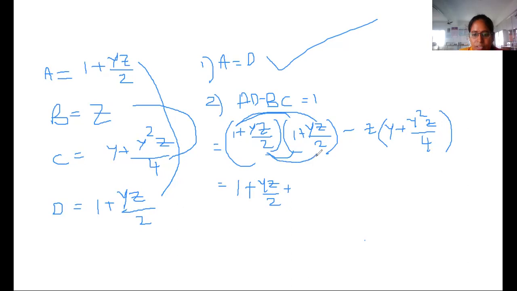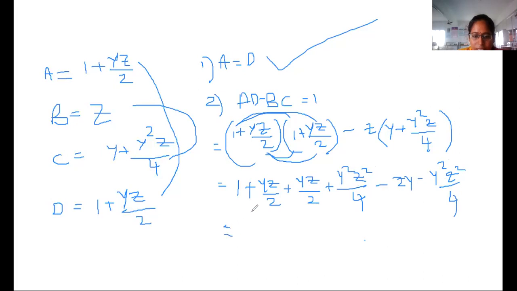So YZ by 2 plus Y square Z square by 4, and Z also multiplied here, so minus ZY minus Y square Z square by 4.